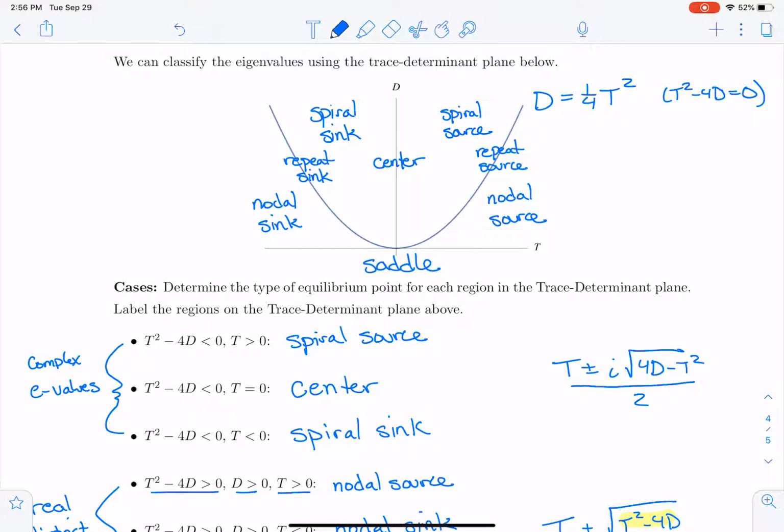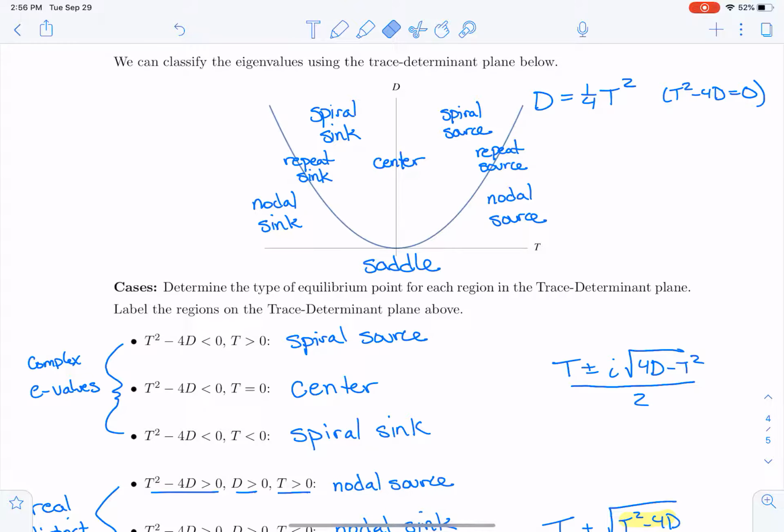I think it's worth noting that the repeat sink is a very particular value that's right between the spiral sink and the nodal sink. And the repeat source is that very particular value that's right in between a spiral source and a nodal source.